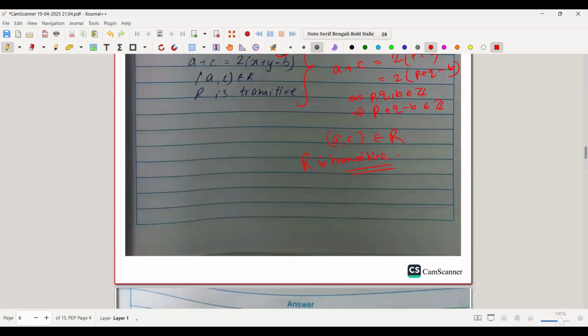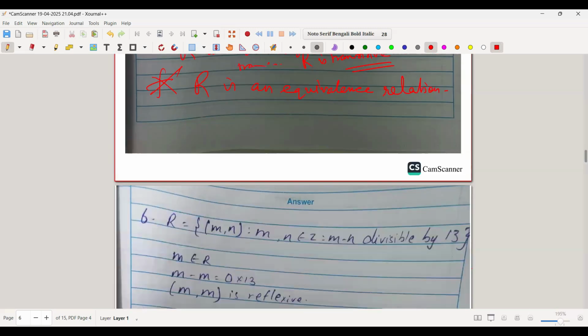Now you have to write R is an equivalence relation. So before that, you have to write R is reflexive, symmetric, and transitive. Hence, R is an equivalence relation.